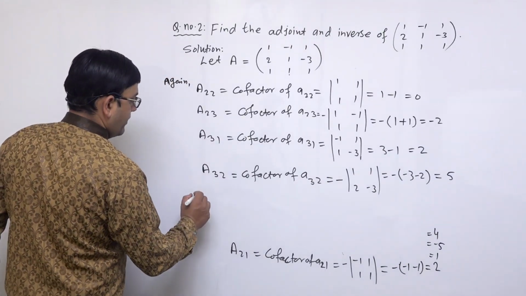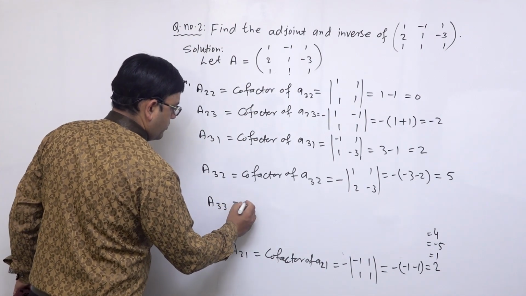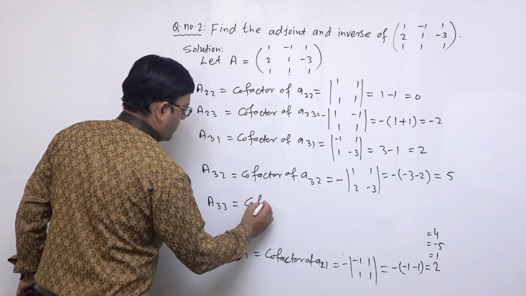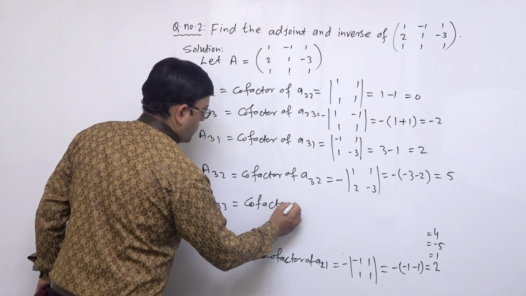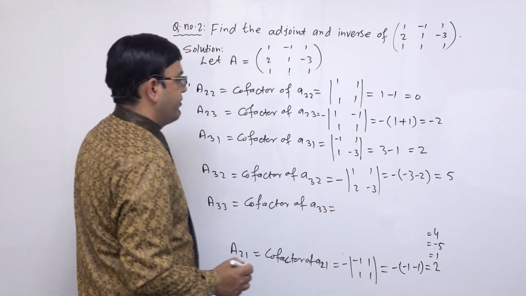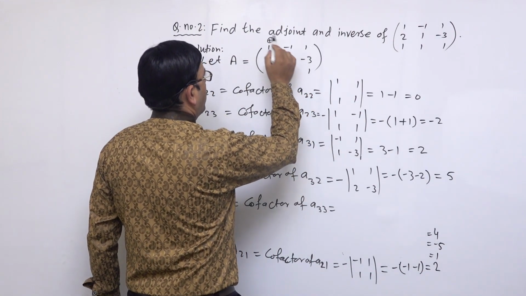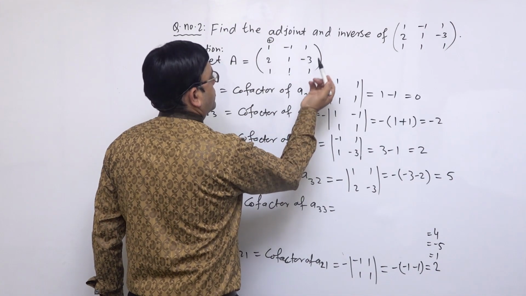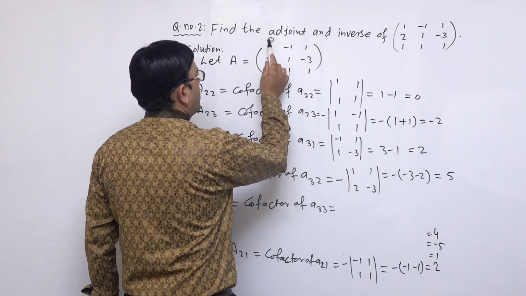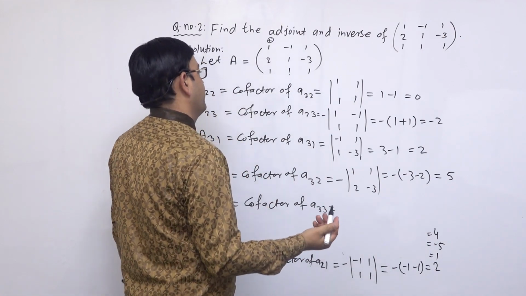Now again, the cofactor of A33. 3 plus 3 is 6, so we check it again: plus minus plus minus plus, so we can write a direct plus here.